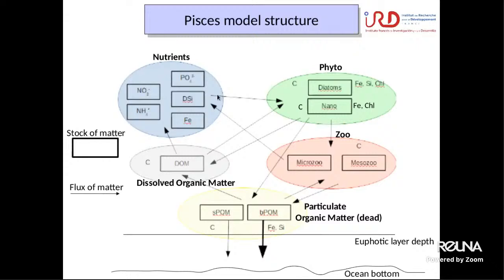So this arrow here from nutrients to phytoplankton is photosynthesis. Then phytoplankton is linked to zooplankton, because zooplankton is grazing on phytoplankton. As you have two sizes of phytoplankton, you have the more or less corresponding microzooplankton and mesozooplankton, the small zooplankton and the big zooplankton.